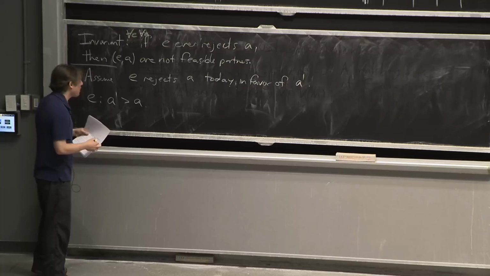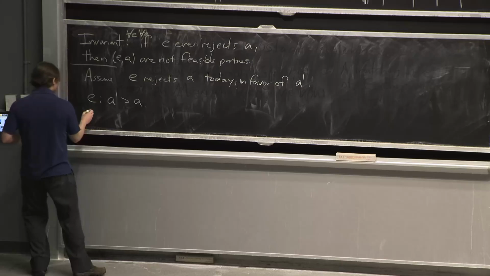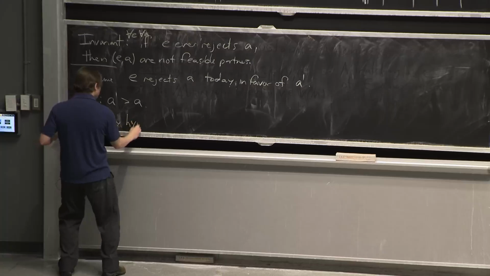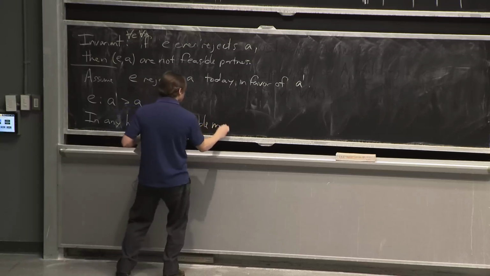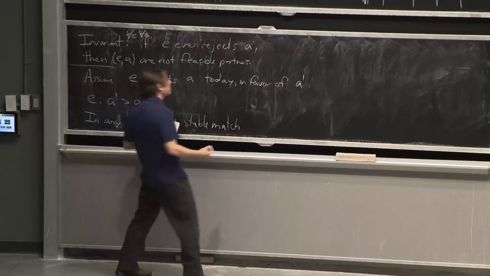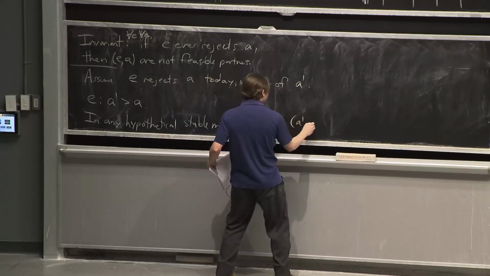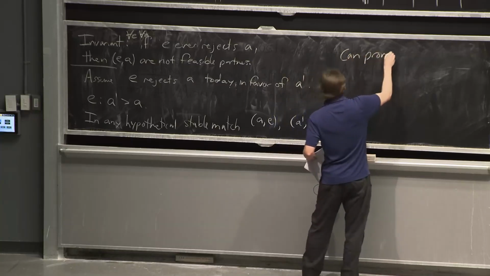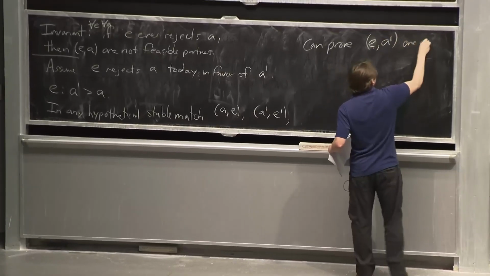And then the claim here, or the main observation, is that in any hypothetical stable matching, not necessarily the one that comes from Gale-Shapley, but in any possible stable matching you try to set up where A matches with E, and then necessarily A prime matches with someone else, you can prove that E and A prime are rogue.